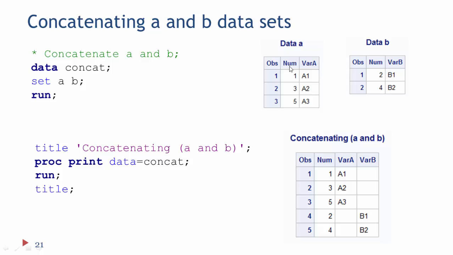Now notice that because the variable names num and num are the same in these two datasets, these values were stacked under the same variable called num. Because var A was in data A only and var B was in data B only, we have these two variables in the combined dataset, and these values are missing values.